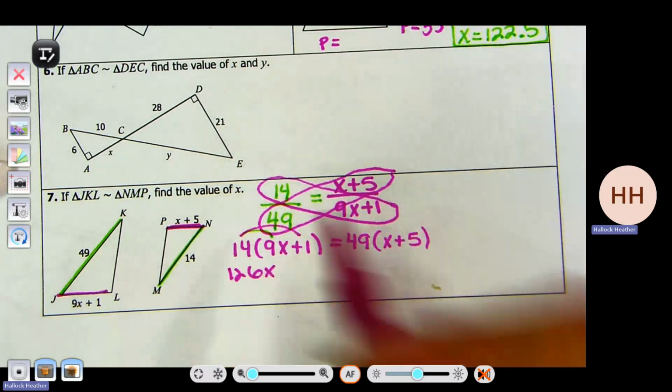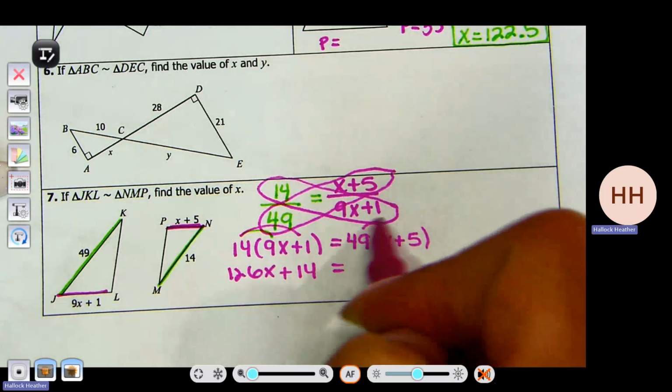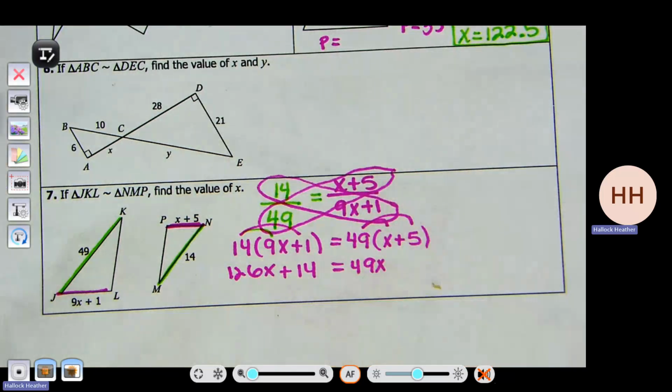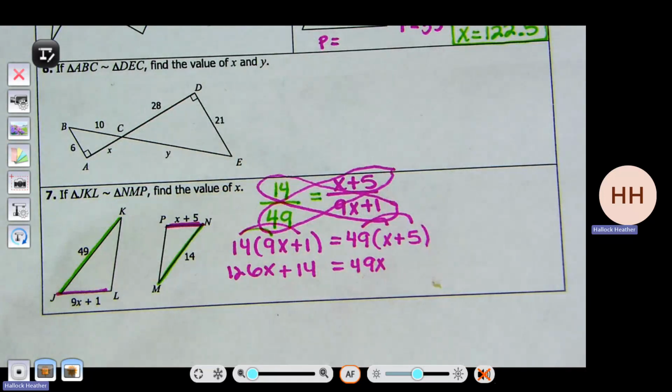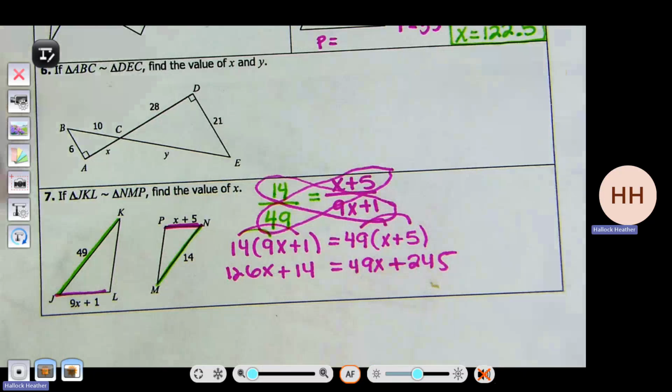If I distribute the 14 to the 1, I get plus 14. If I distribute the 49, I get 49x. And then 49 times 5 is what? 245. Okay. So now what do you want to move?